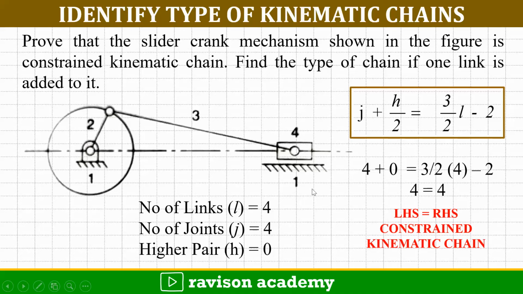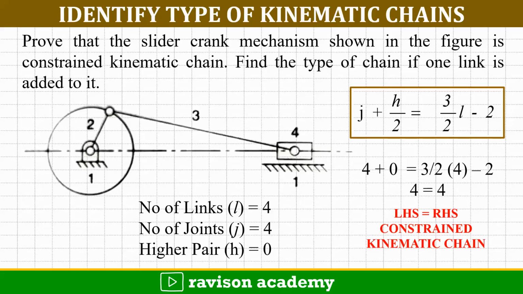The sliding pair can also be taken as a joint. So 4 joints and 4 links with no higher pairs. Applying the equation, 4 equals 4. So left hand side equals RHS. So we are proving that the slider crank chain is a constrained kinematic chain.